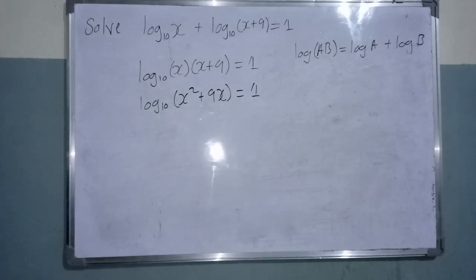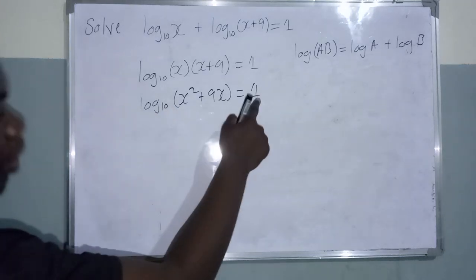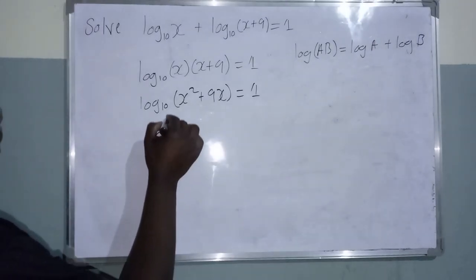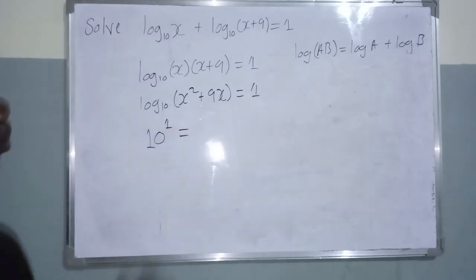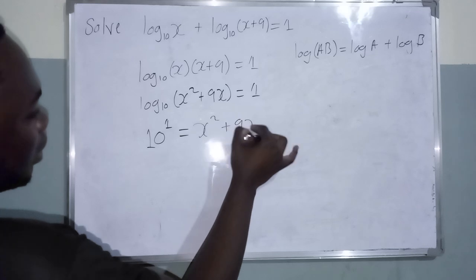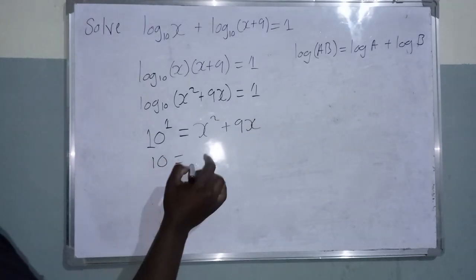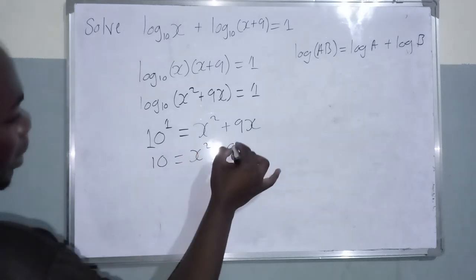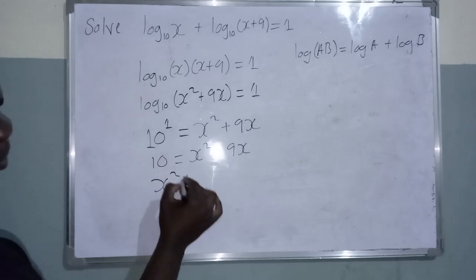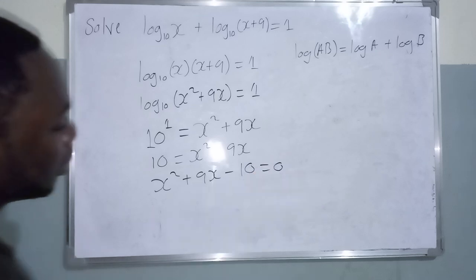So changing it to exponential form, we're going to say 10, which is the base, to the power 1, which is the number after the equal sign. So it's going to be 10 to the power 1, then equal to this part now, which is x squared plus 9x. So 10 to the power 1, that is 10, then equal to, we have x squared plus 9x. This can be written as x squared plus 9x minus 10, then equal to 0.